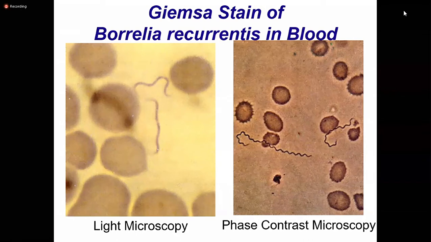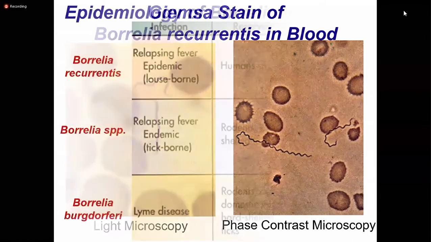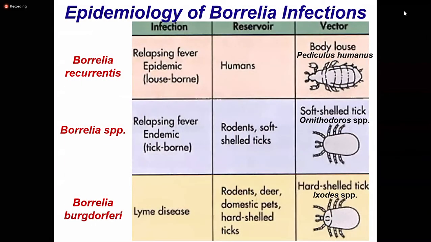This is one of the organisms, and we see it under the microscope or under the phase contrast microscope, how it looks. Now, I don't want you to memorize that. This is not to keep in mind, but in the future, if you see it, you will practice how you see it. But the message here is that we have different Borrelia species.